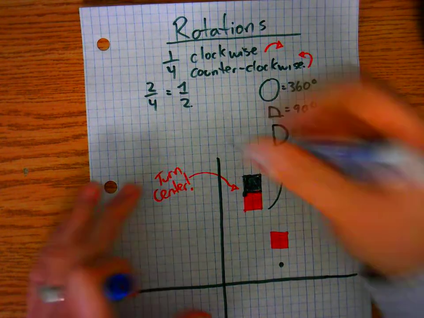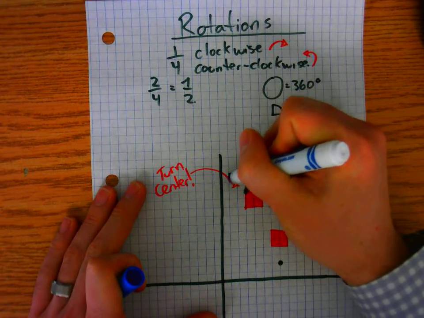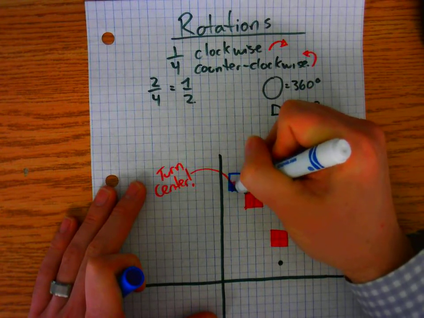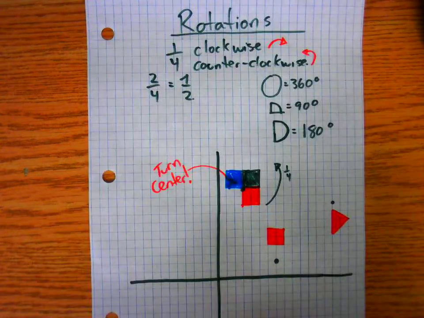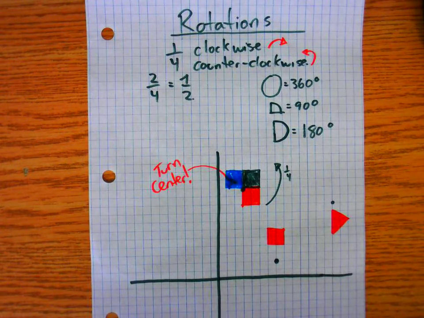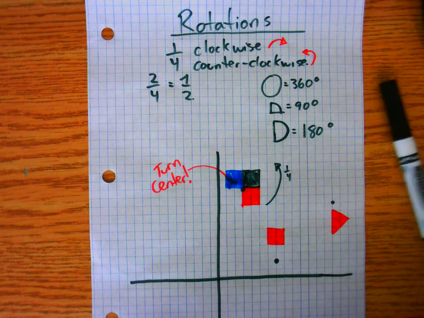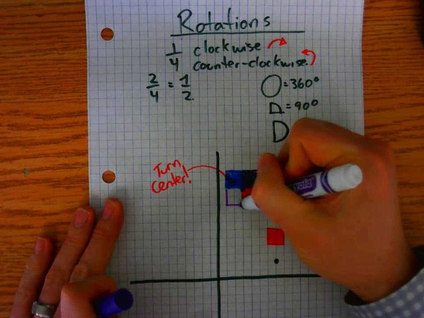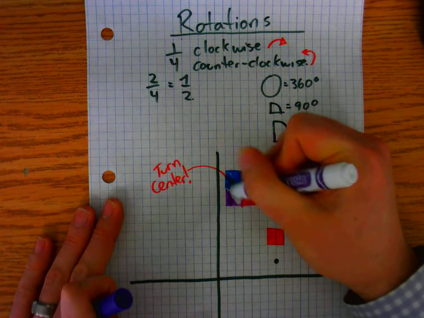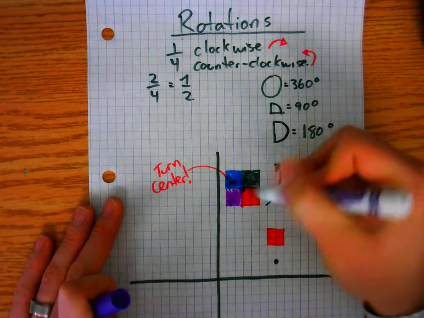And you can see that if I did another counterclockwise quarter turn from my original, I'd end up here. And if I did one more counterclockwise turn, another quarter counterclockwise turn, I'll do it in purple so you can see it, I'd end up here. And now I'm 3 out of 4 of the way around. So I started here, this was 1.